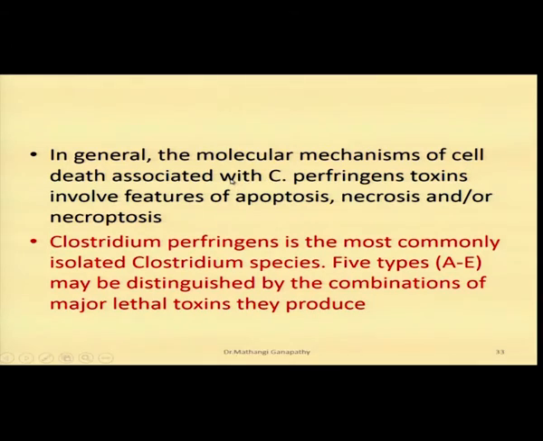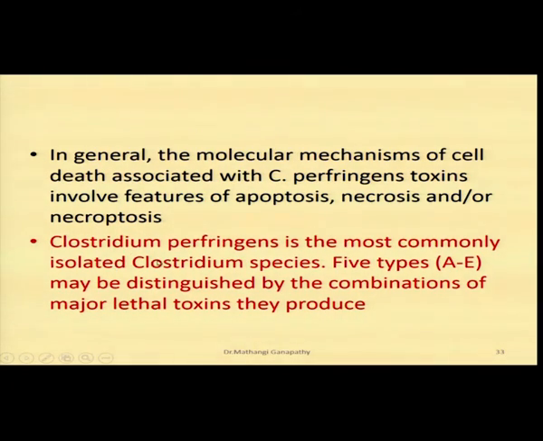Once the receptor is bound with the ligand, in this case the toxin, this will activate a series of intracellular pathways. This series of reactions in turn leads to effects on the cell, the most lethal being cell death. In general, the molecular mechanisms of cell death associated with Clostridium perfringens toxins involve apoptosis, necrosis, and necroptosis.